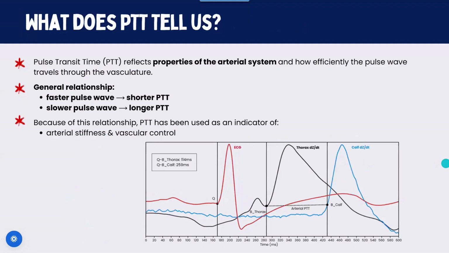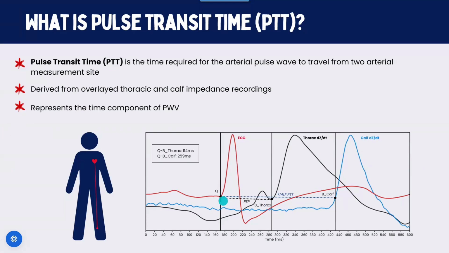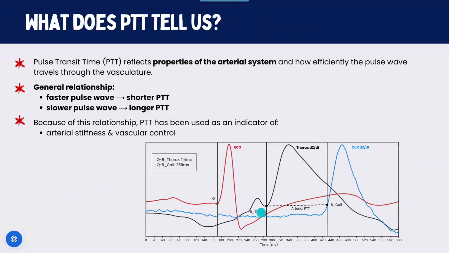Okay, so in addition, I want to talk a little bit about what pulse transit time tells us. So here, especially going backwards, where we saw that we are looking at PEP and calf PTT, we are going to take calf PTT minus PEP in order to get this arterial PTT time. And so pulse transit time reflects properties of the arterial system and how effectively the pulse wave travels through the vasculature.